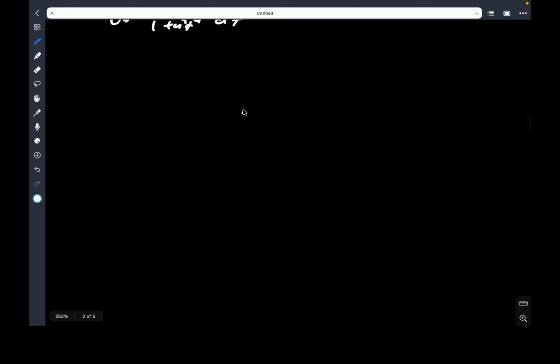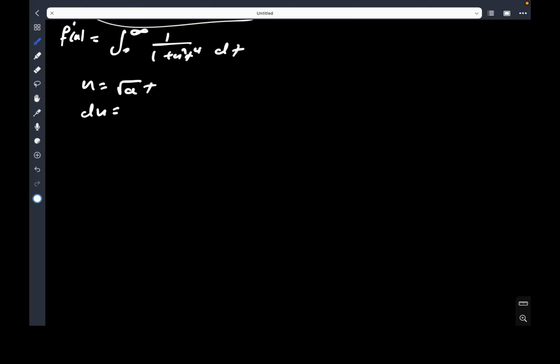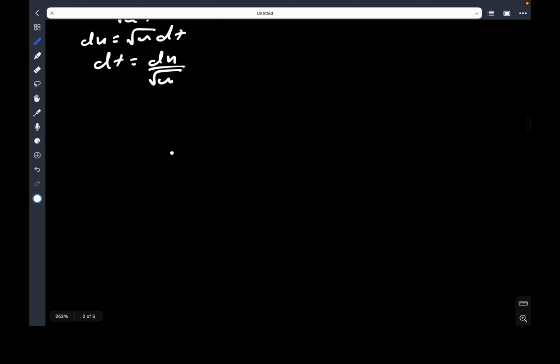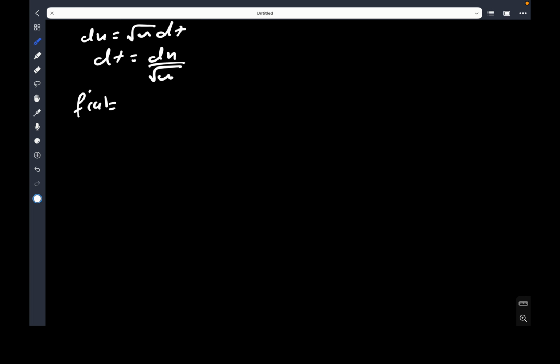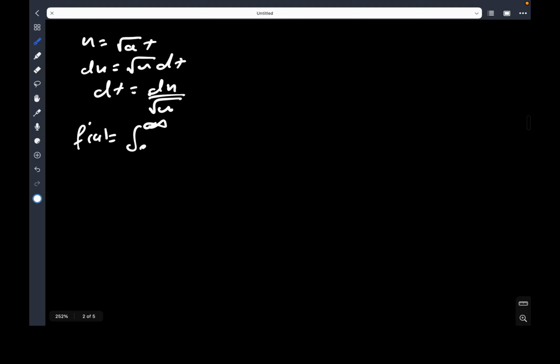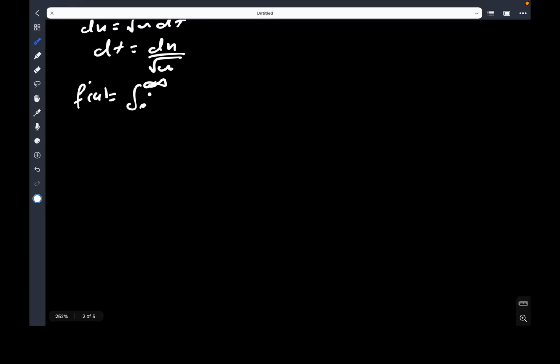I'm going to do another substitution. I'm going to say u equals root a t, thus du equals root a dt, and dt equals du over root a. And if I write the f prime again, f prime of a is going to be the integral from 0 to infinity of 1 over root a, du over 1 plus u to the power of 4.